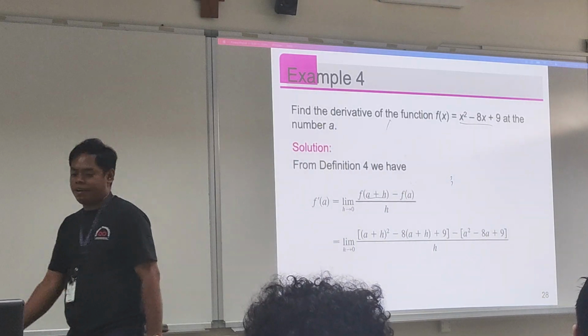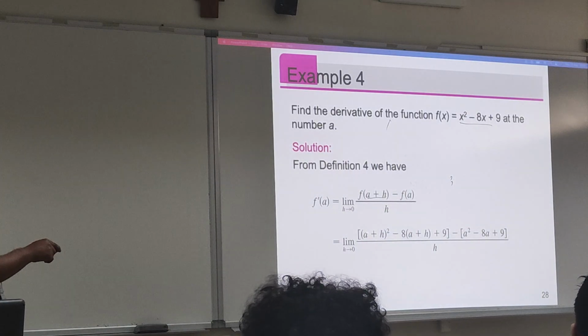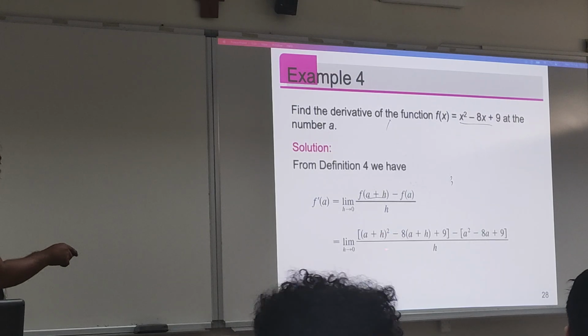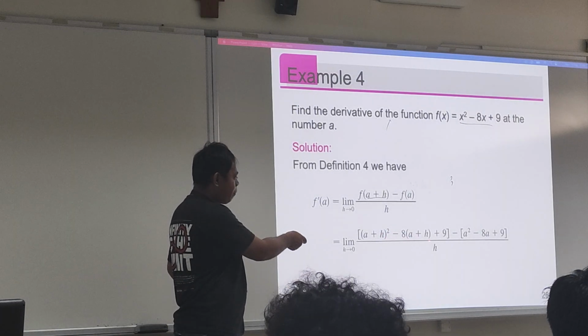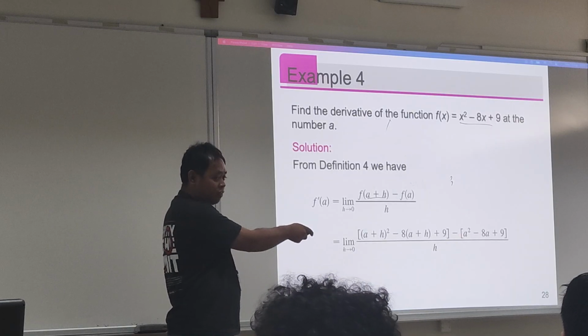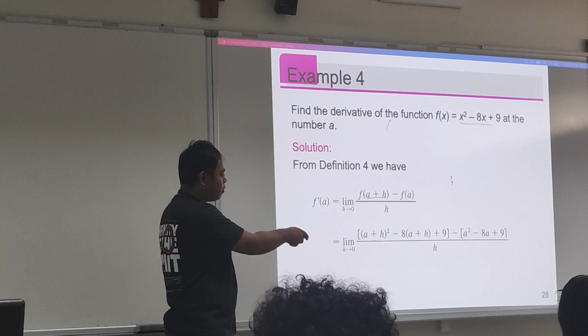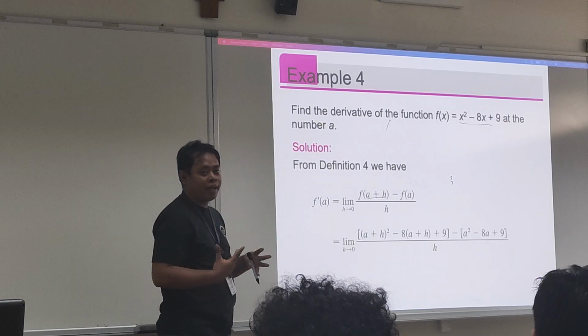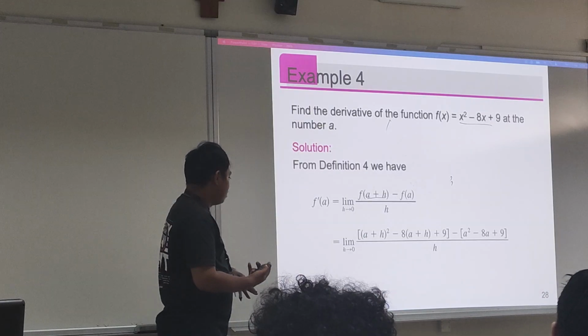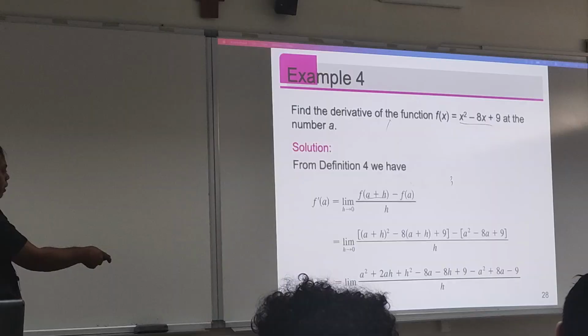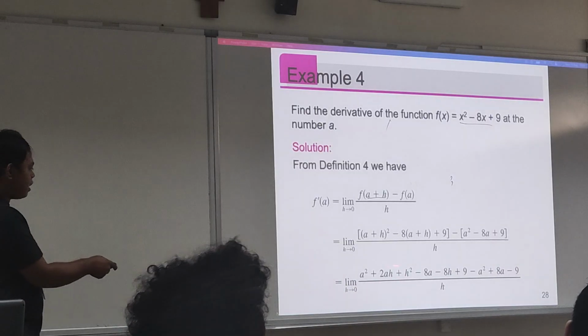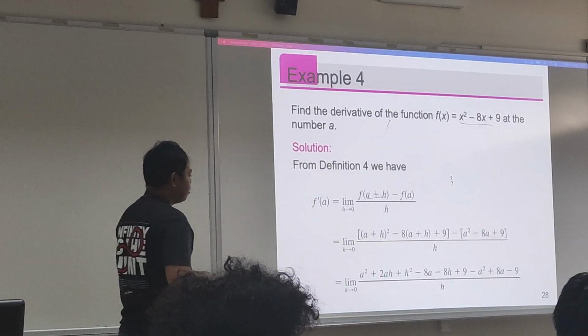Next, simplify. First, expand the square, then use the distributive property, then distribute negative 1 to this quantity, and then combine like terms. So (a plus h) quantity squared is a squared plus 2ah plus h squared.